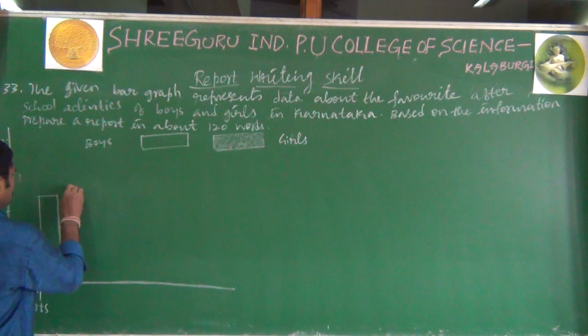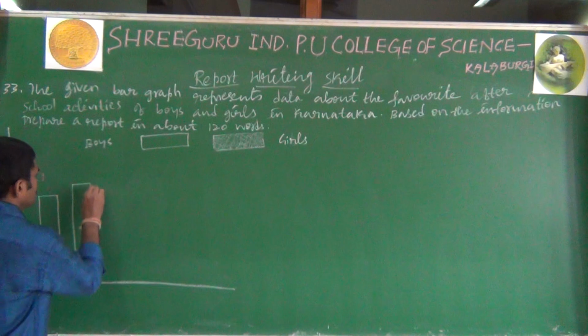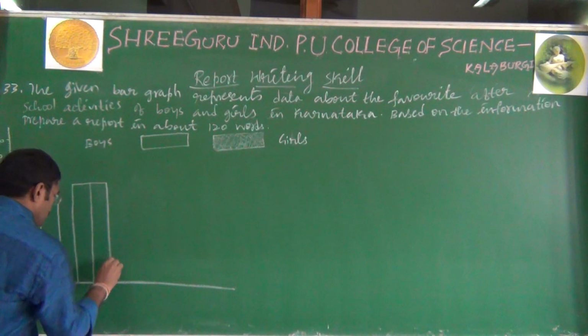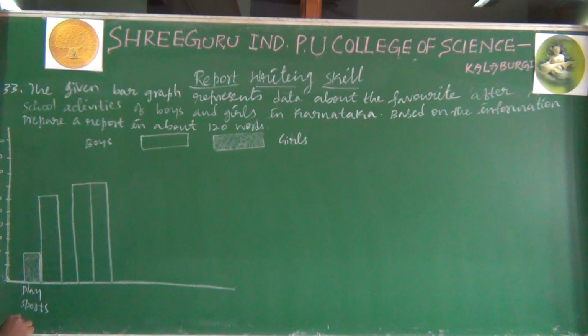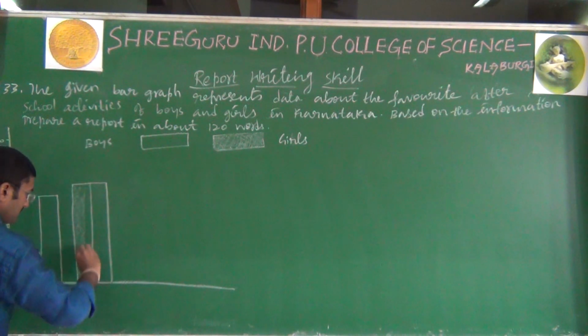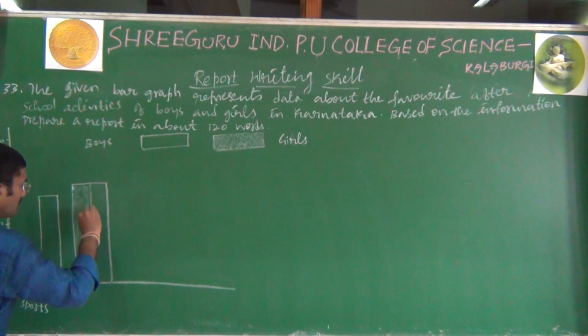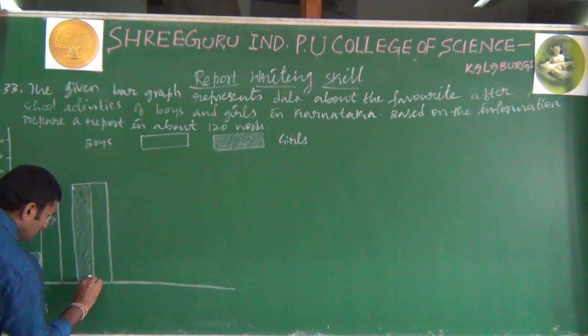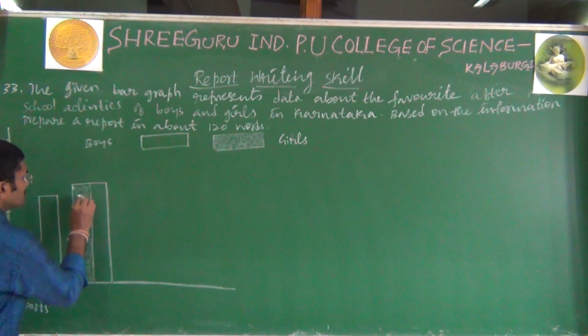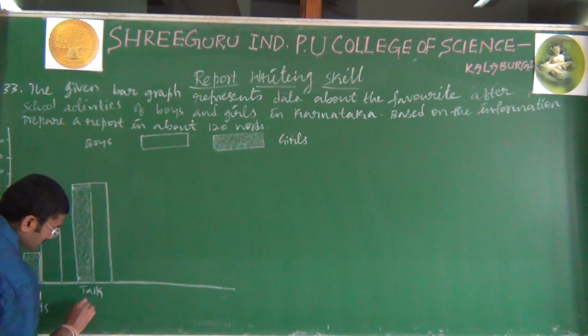My dear students, the first one is darkened here, first bar. In the second set of bars, first one is to be darkened and the second one to be left blank. Talk on what?